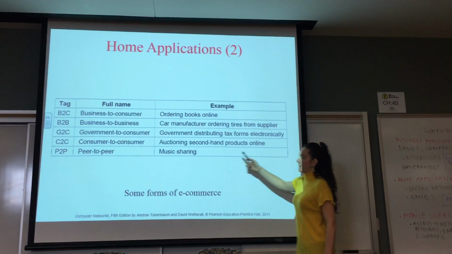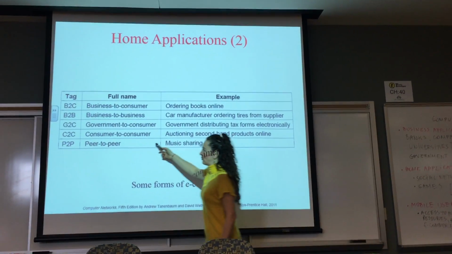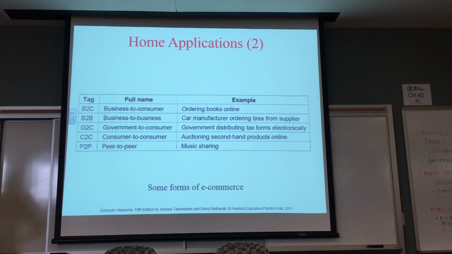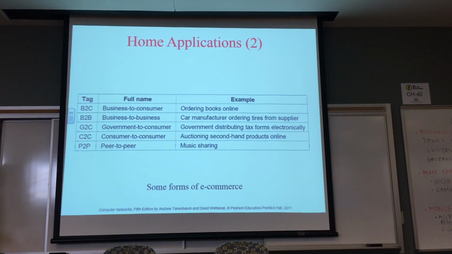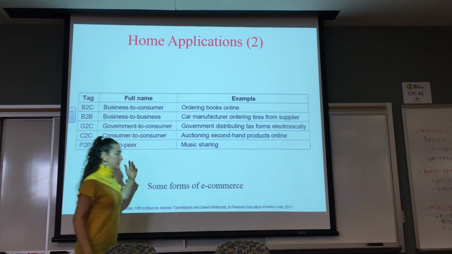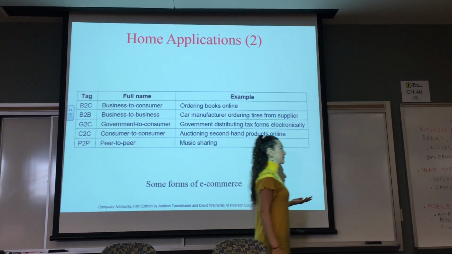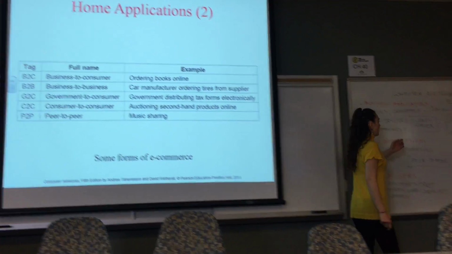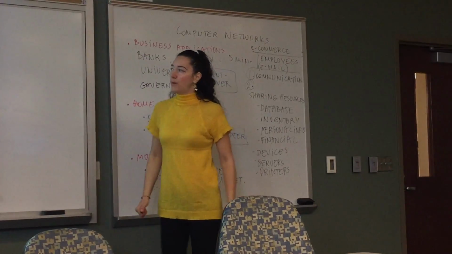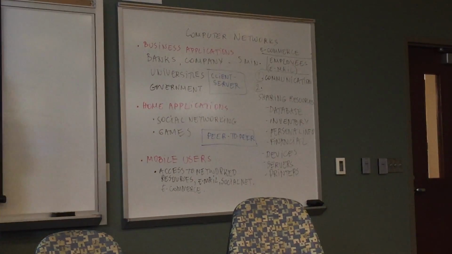And of course, it allows us to connect to other people's home machines. From the business point of view, it's not just business and client, but it could be business to business. Let's say the business itself wanted to order some supplies for its manufacturing. So it can do this through the network by connecting to another business.